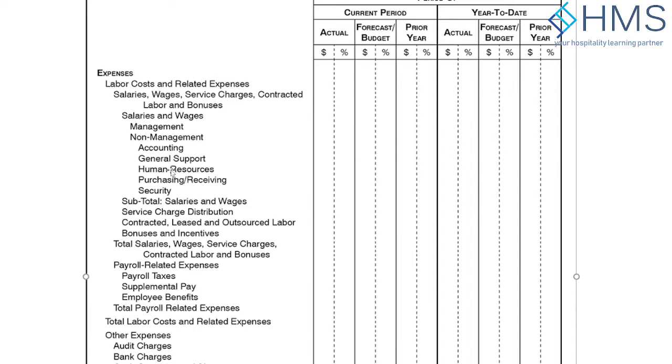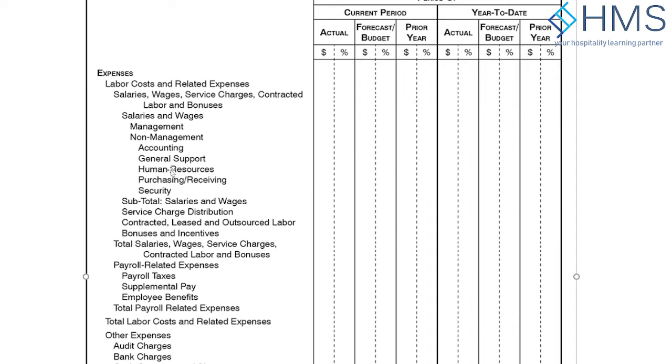Purchasing and receiving would be different based on location, how far they are from the market. Accounting would depend on the number of software systems that you're using, whether you're doing manual accounting or system related accounting, and whether you have shared services with other companies or you are a standalone hotel. So it will depend on the different size and structures of the hospitality.